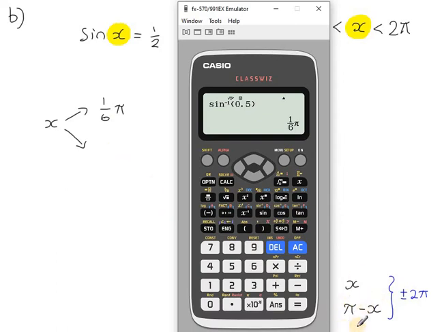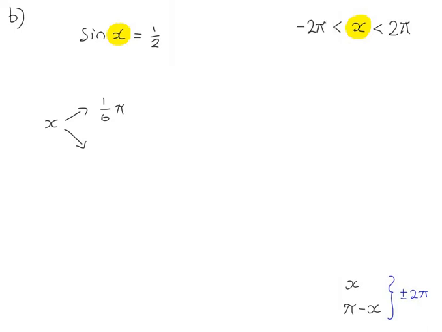So for my second angle, it's pi minus 1/6 pi. So pi minus the previous value, 5/6 pi. Now from these two angles, I can add or subtract 2 pi as many times as I want, but I need to keep within this interval.